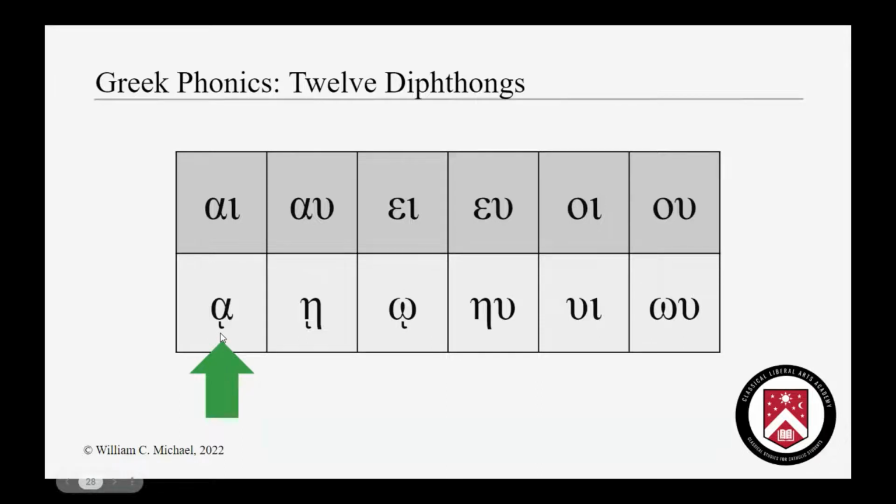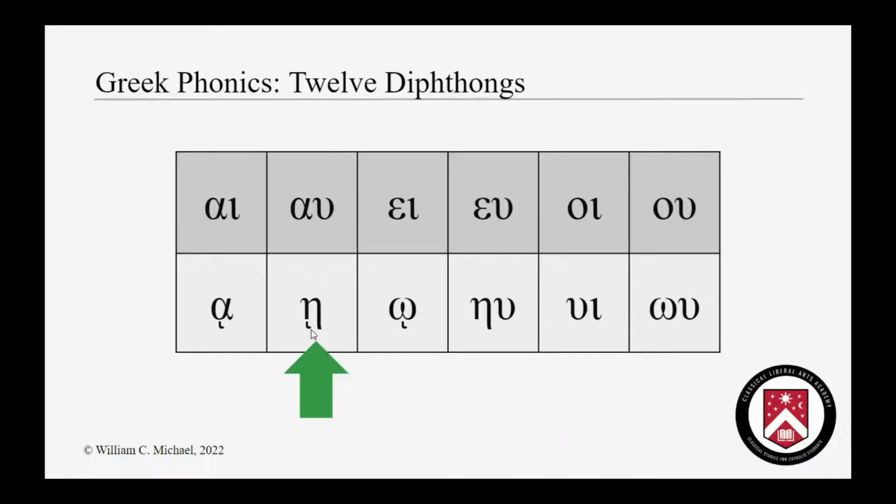Iota subscript means an iota written under the vowel. These 2 marks should be understood to represent a diphthong, but only the alpha is read. So this diphthong, alpha with iota subscript, is read with the single sound, ah.